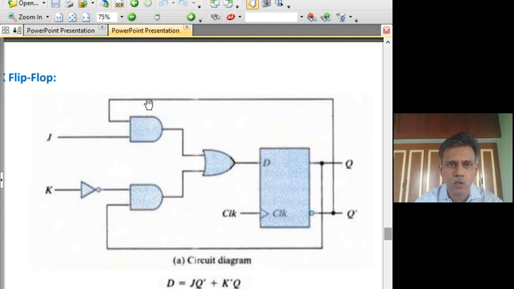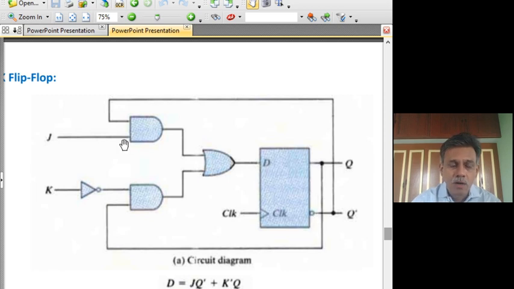So effectively this whole circuitry will work like a JK flip flop. Again, it will be a positive edge triggered JK flip flop because the edge triggering is decided by the nature of the D flip flop's characteristics.